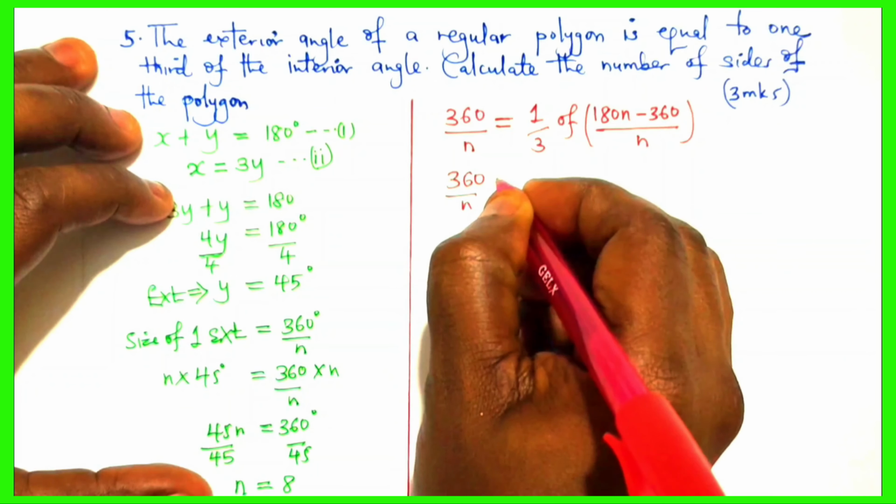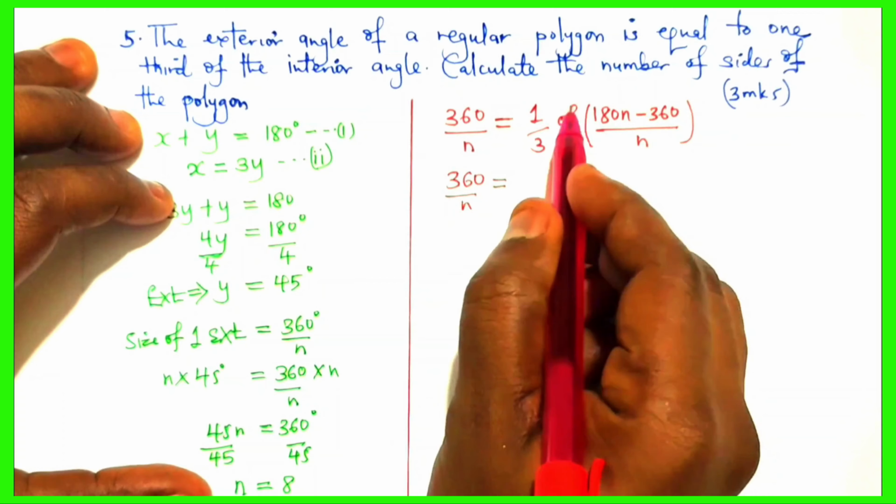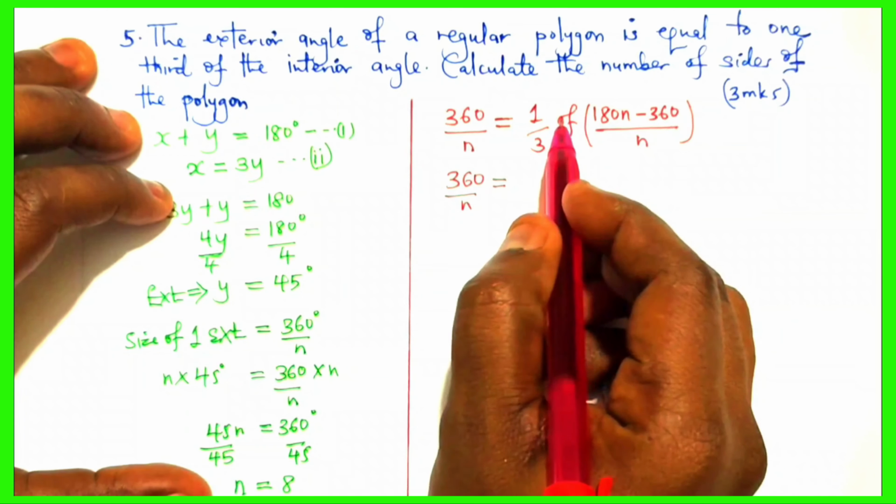So we'll be in a position to say here that 360 over n will be equal to, of here means multiplication, so I can decide to open the brackets with 1 for the numerator. We end up having 180n minus 360, and then I can decide to open the bracket on the denominator by 3, so I'll have here divided by 3n. Now, to get rid of the denominators, I can decide to multiply each of these terms by 3n.